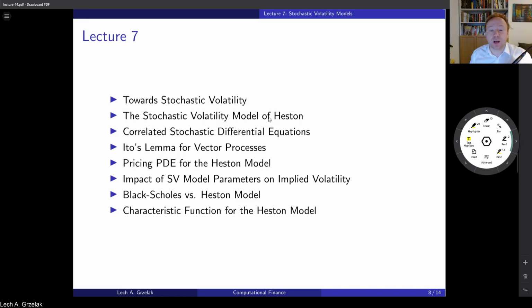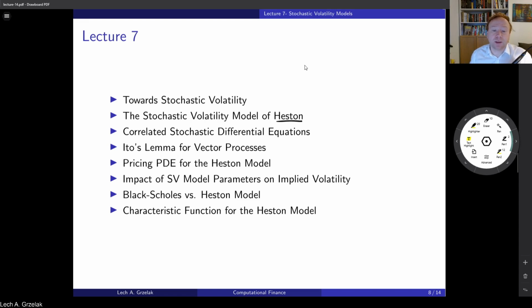In this lecture, we discussed in particular the Heston model, where we also spoke about the correlation of stochastic differential equations, so how to correlate processes once we deal with more than one dimension. Until now, we didn't need correlations because we didn't deal with multi-dimensions, except for jumps where we had zero correlation, so we assumed independence.